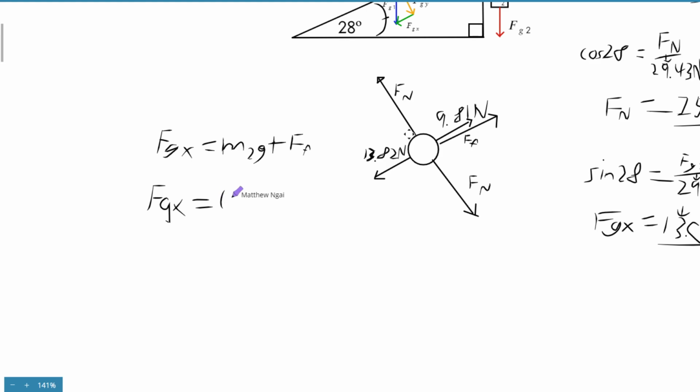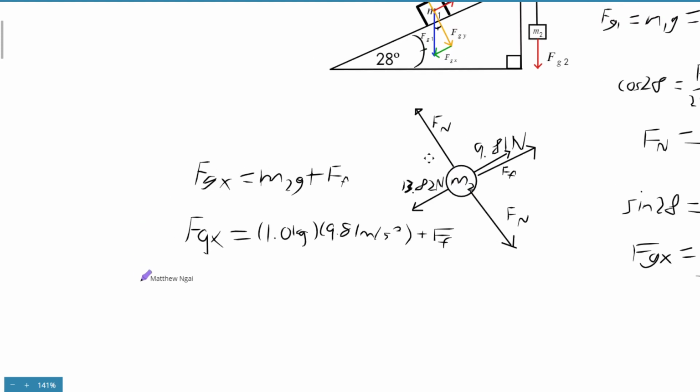M2G. We calculated it over here, but I'm just going to use the values so it's more accurate and you don't get rounding error. So M2 is 1 kg times 9.81 meters per second squared, and then plus F. Oh, FGX, we already solved that.